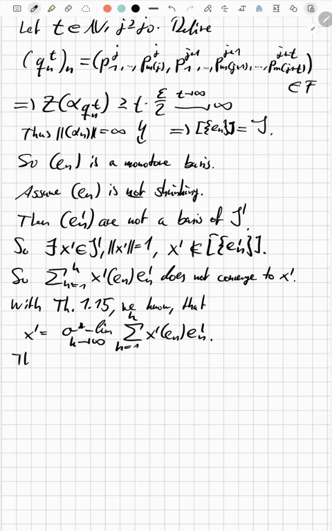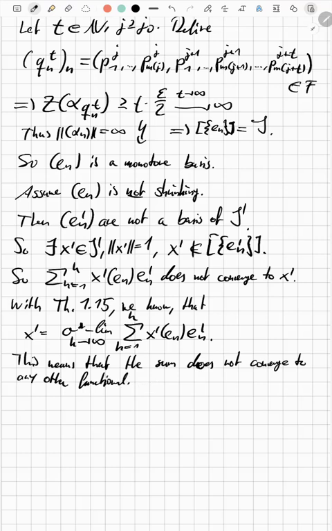So this means that the sum does not converge to any other functional, because then the weak star limit would also be that functional.